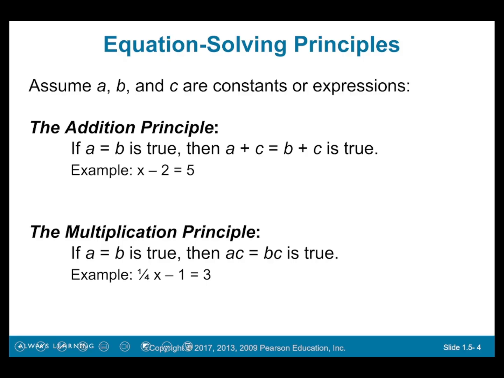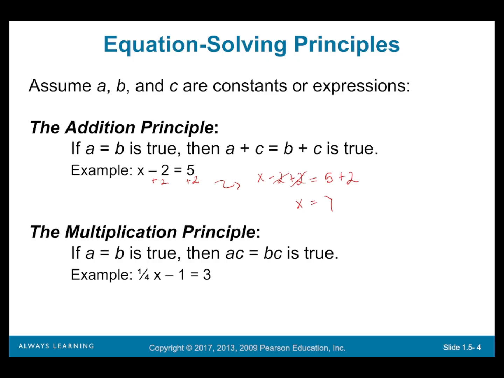For example, if I have x minus 2 equals 5, when I add 2 to both sides, this is what that looks like written out: x minus 2 plus 2 equals 5 plus 2. Essentially, I don't change the problem if I do operations to both sides. On this side, those two cancel, and I get x equals 7, which is why we do things like that. But this is the principle that allows us to do that.